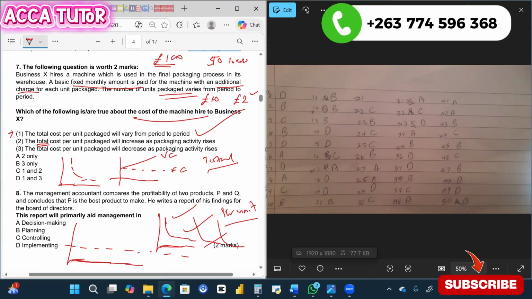When I'm saying the fixed cost, I mean the graph of variable cost in total and the graph of variable cost per unit, or the graph of fixed cost in total and fixed cost per unit. We are simply saying total as in rental costs in total, not the total cost per unit.